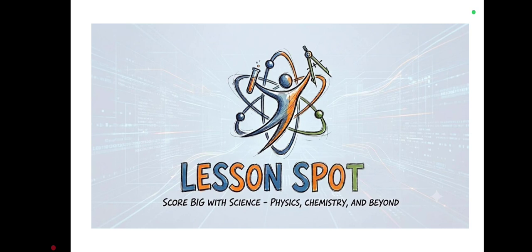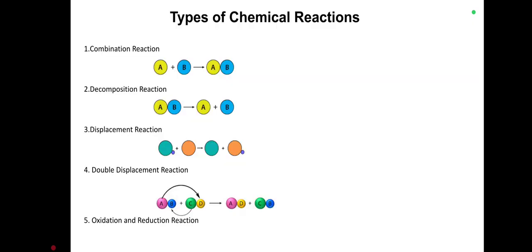So, today in this video, we are going to see the different types of chemical reactions. In that, mainly, we will be discussing combination reaction. Before moving into combination reaction, let's see what are the different types of chemical reaction. Chemical reactions are mainly categorized into five types.